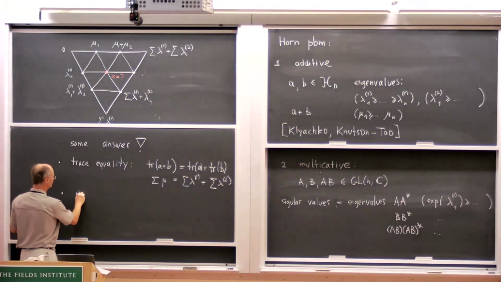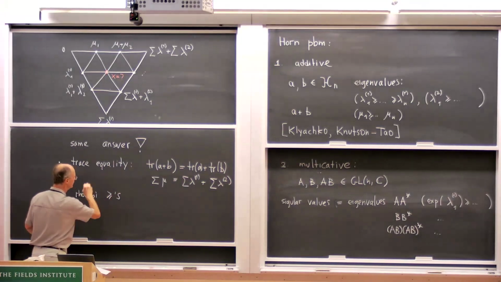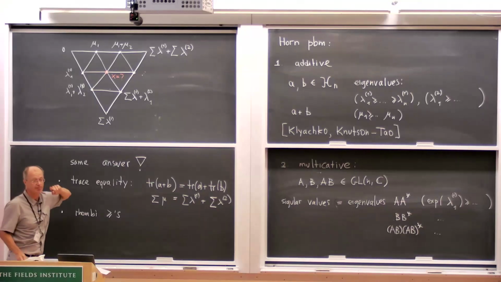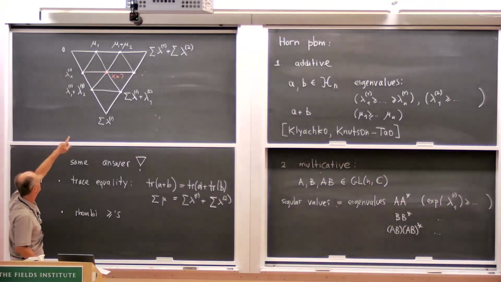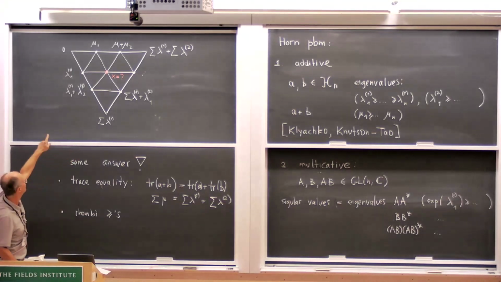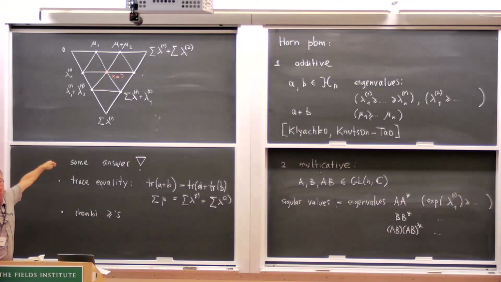So let me call them rhombi inequalities. And those are constructed as follows. So you draw that picture, the hive, a triangle with this network of small triangles. And you write those expressions constructed from lambdas and mu on the vertices on the edges of the triangle.